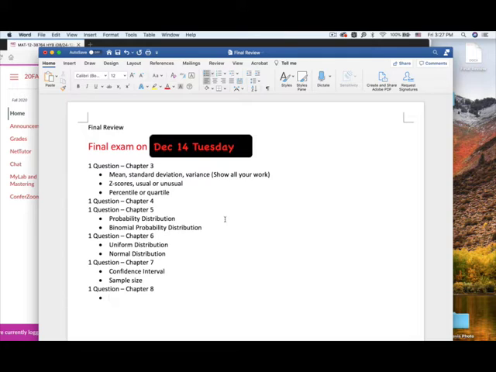And I want you to keep in mind, review the method. We'll be using the p-value method or the critical value method. You guys need to know both methods. If I specify to use the p-value method, you have to use the p-value method to draw the conclusion. If I say use the critical value method, then you have to use that method.